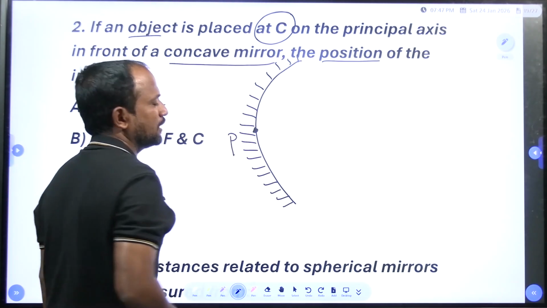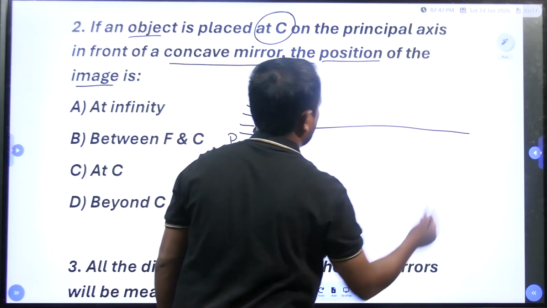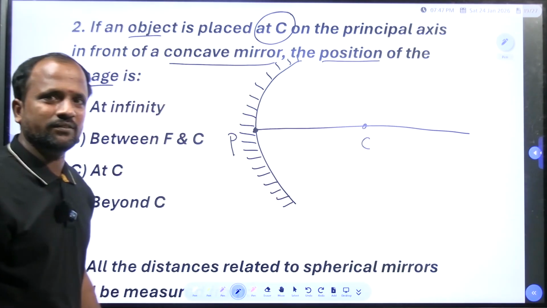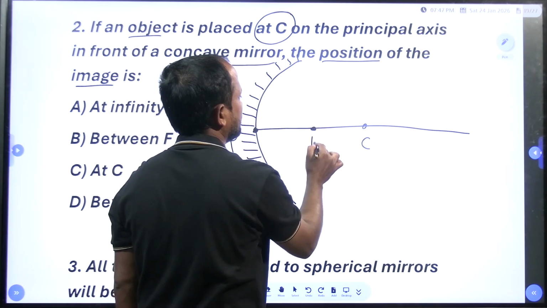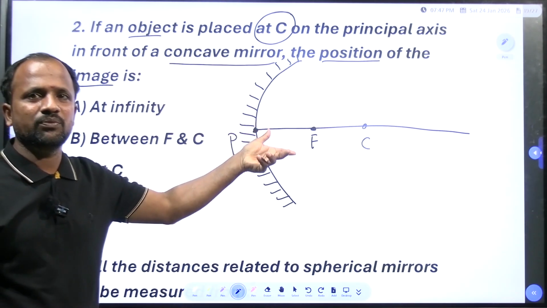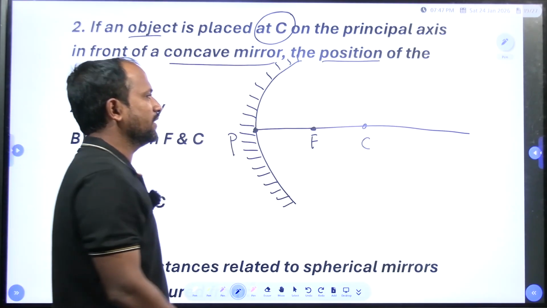That is the mirror's center point, the pole, from the last question, right? The principal axis is the line joined from the pole and the center of curvature. Half of the distance of the radius is called the focus, where a parallel beam of light is going to be focused at one particular point on the principal axis.